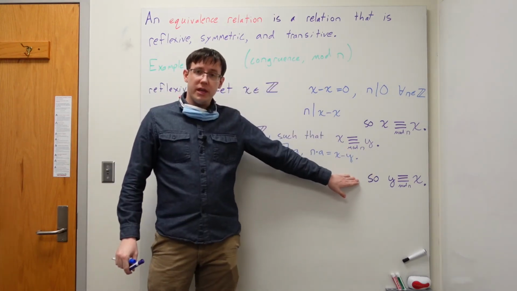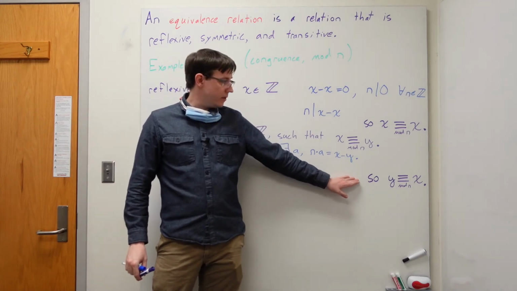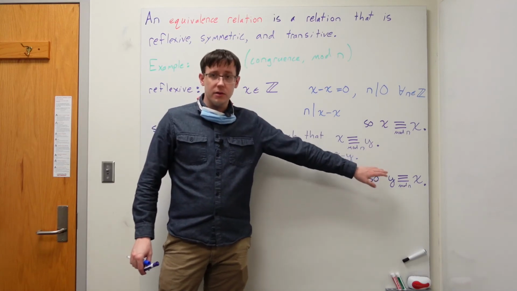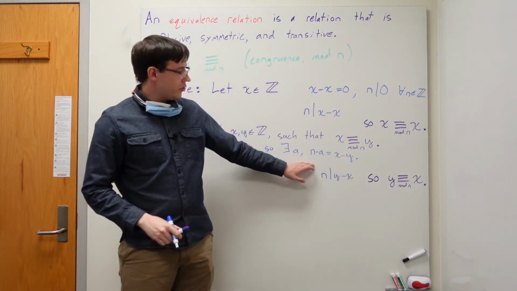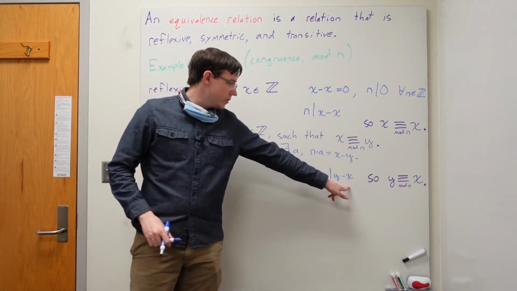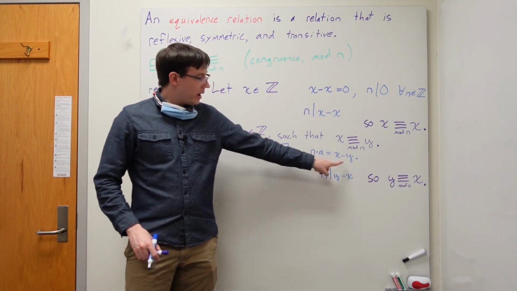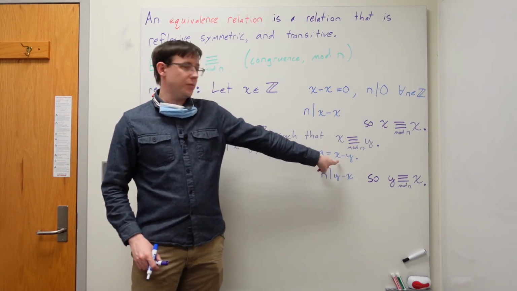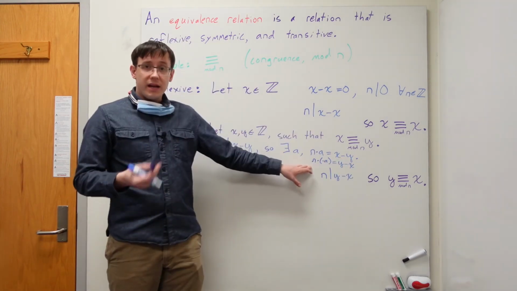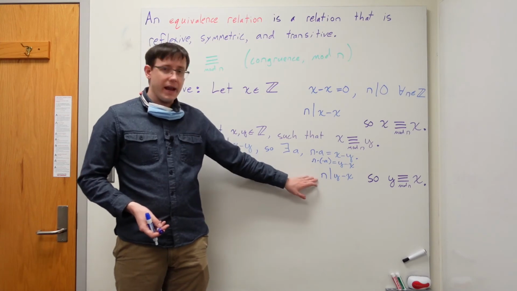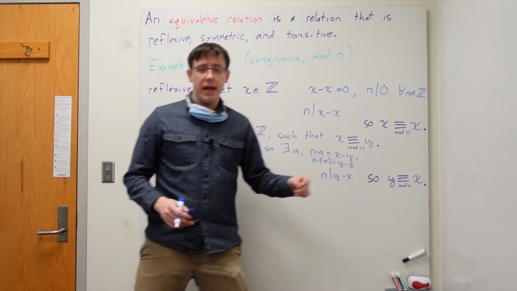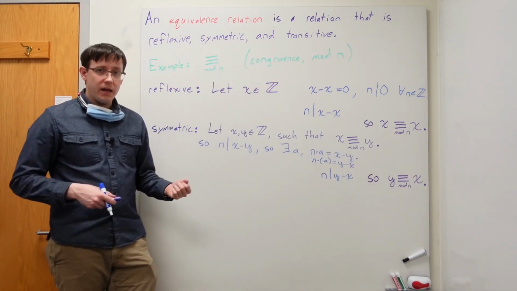And if we think about the definition that we are trying to reach from the other end, we want to show that n divides y minus x. And so we want to show that there's some integer that we can multiply by n to get y minus x, but we can get there by just multiplying both sides by -1 from here. And since minus a is also an integer, we conclude that n divides y minus x, and y is congruent to x mod n, and therefore congruence mod n is symmetric.